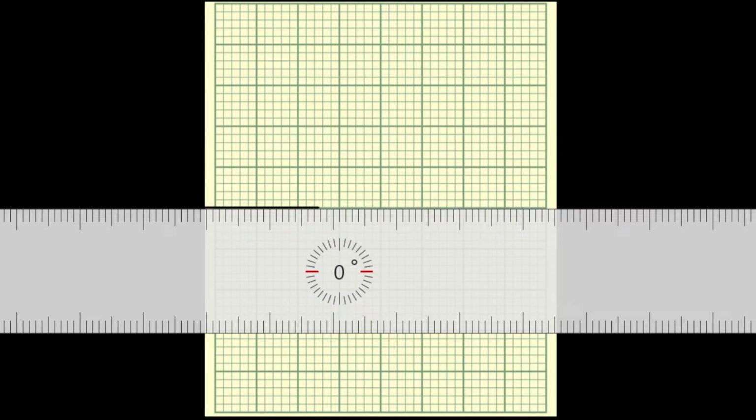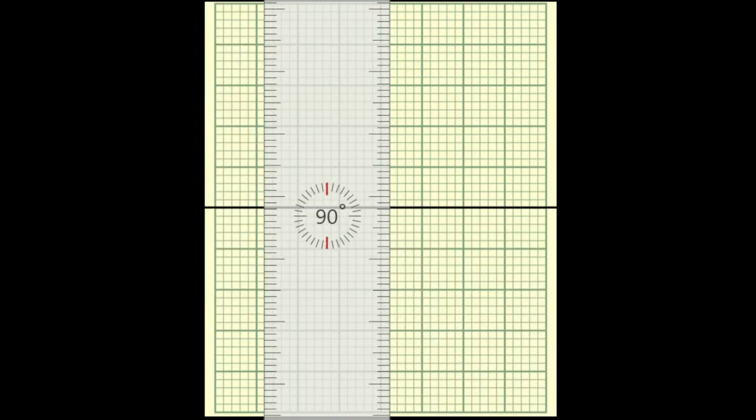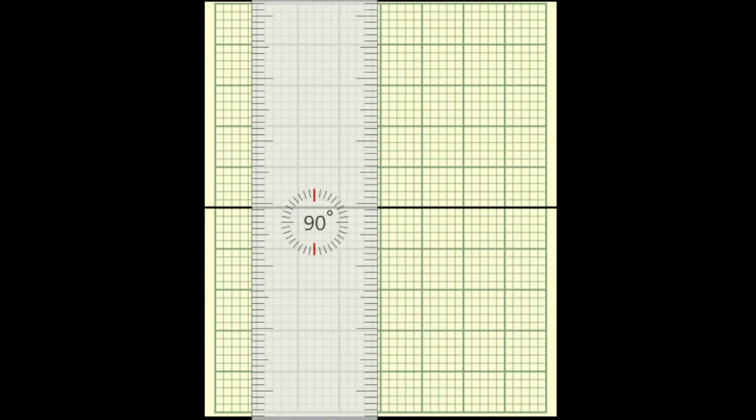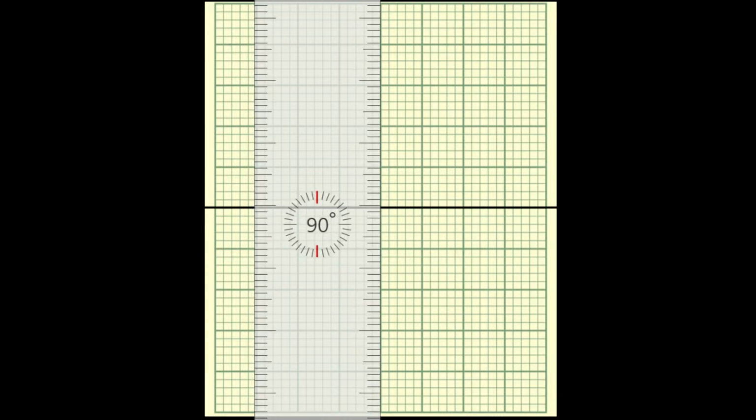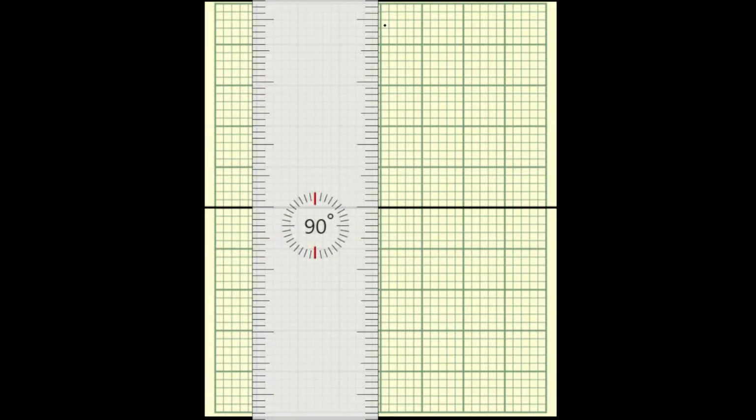I have told you the graph scale for one question. The same one you have to write for each and every question of reflection. In case of reflection, the graph scale is not going to change. It will always be the same. This is the x-axis, the horizontal line. Right side positive values, left side negative values, upper side is the positive y-axis, the lower side is the negative y-axis.